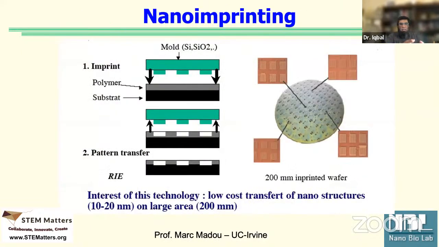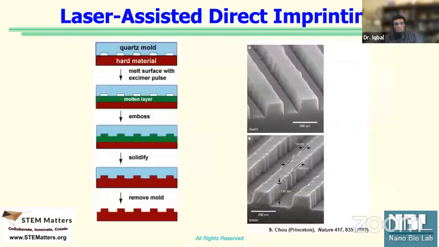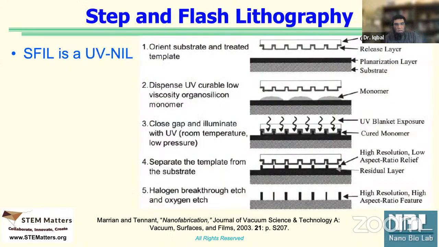So simple nanoimprint lithography is where we push things into the resist and let it solidify, which can be done by heat, or by UV, right? And in soft UV NIL, we can imprint on non-flat surfaces as well.